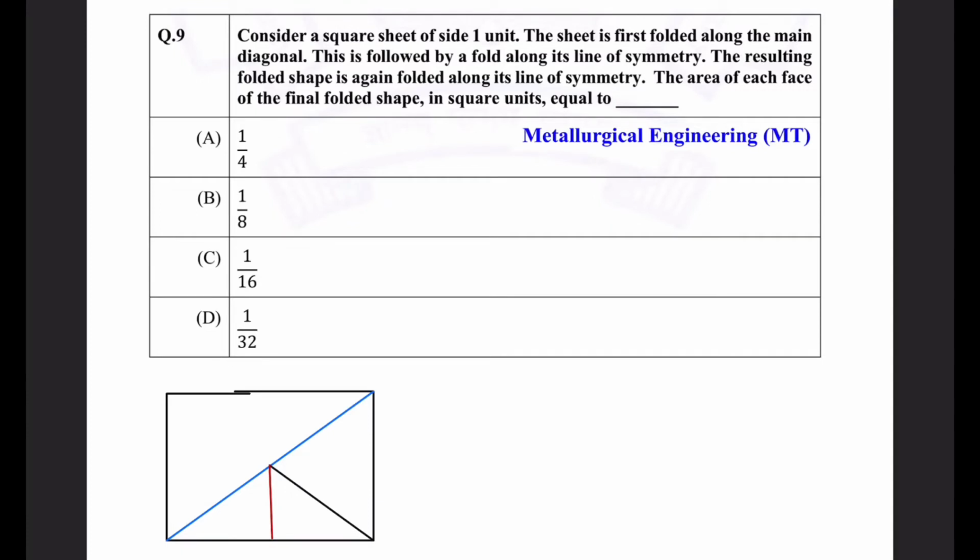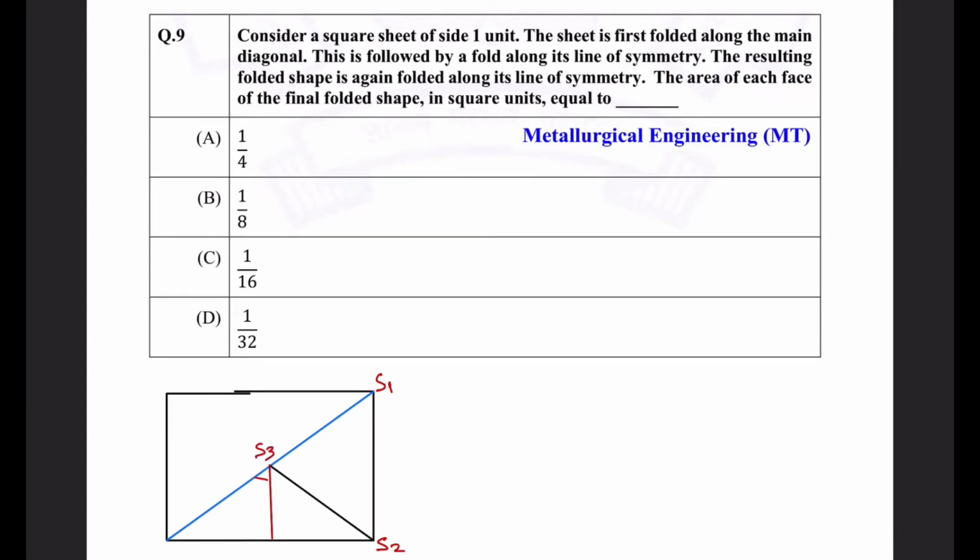So the square is folded 3 times, first along the diagonal, then along the axis of symmetry, and then again along the axis of symmetry. This is first, S1, then symmetry lines S2 and S3.